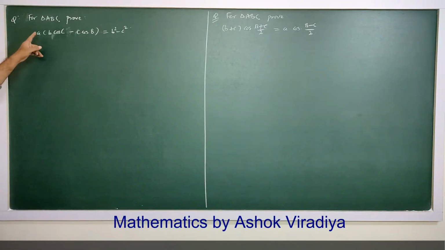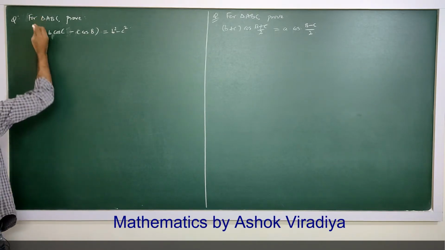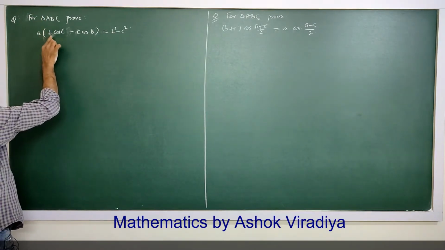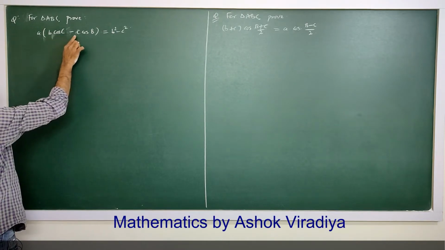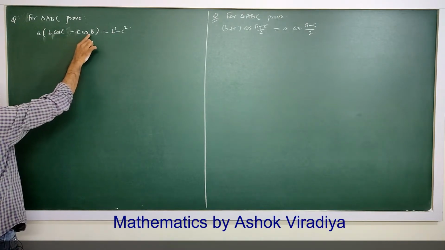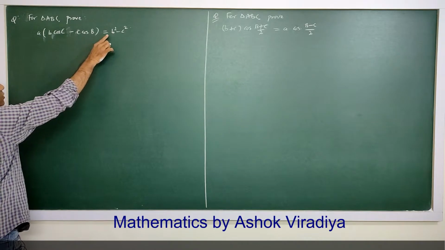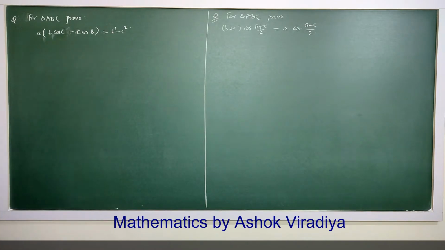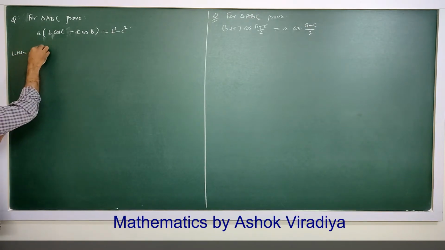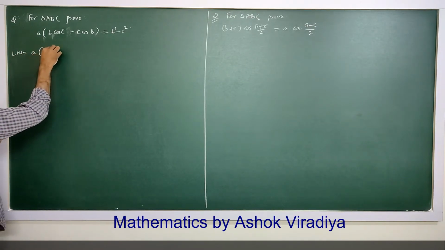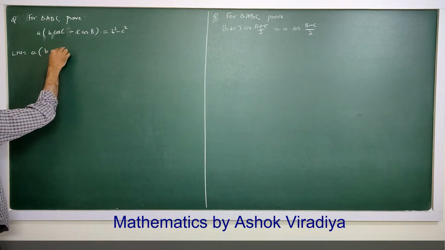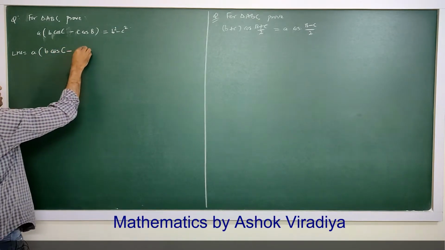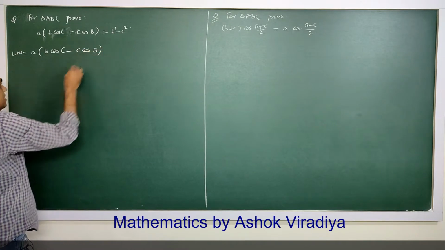For triangle ABC, prove that a(b cos C − c cos B) = b² − c². Beginning from the left-hand side, a(b cos C − c cos B).